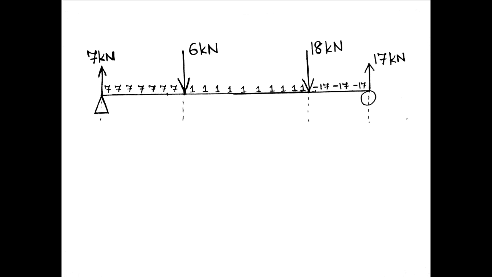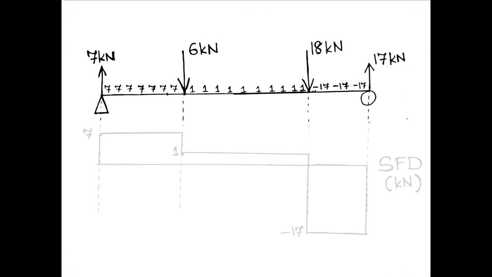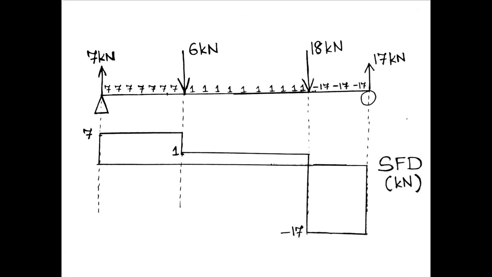Finish just before the right hand support, starting just after the left hand support. Okay, this is the shear force diagram. This is 7 kilonewton, this is 1 kilonewton, and this is a minus 17 kilonewton shear force.